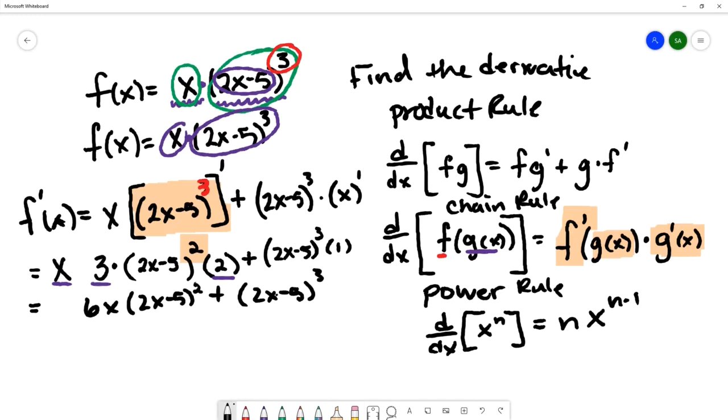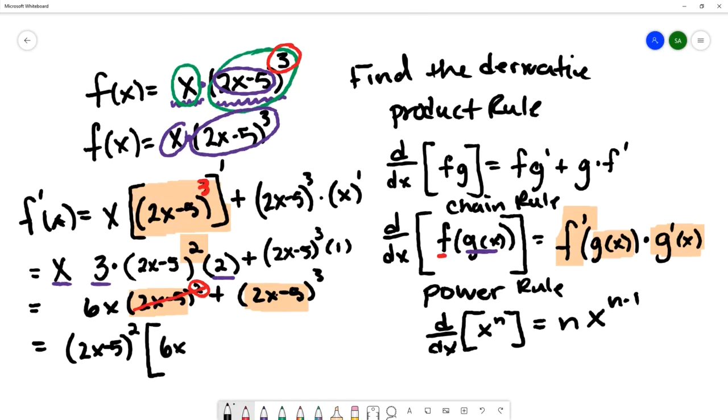And to clean this up a little bit more, I can put it in factored form. I have a common factor. This 2x minus 5 is a common factor. I'm going to factor out 2x minus 5, and I'll use the lower power to factor it out. So when I factor that out, the 2x minus 5 squared is gone, only 6x is left.